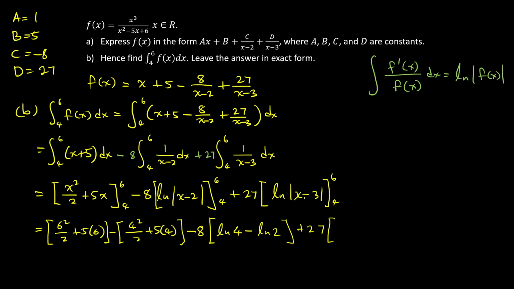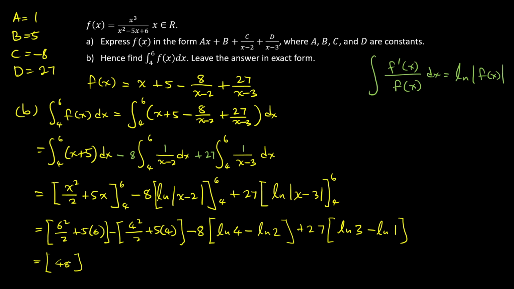Natural log of 6 minus 3, that is 3. And then natural log of 4 minus 3, which is 1. Again, we don't have enough space, we'll try to squeeze it later on. So over here we have 6 squared, 36, 36 over 2 is 18, plus 30, that is 48.